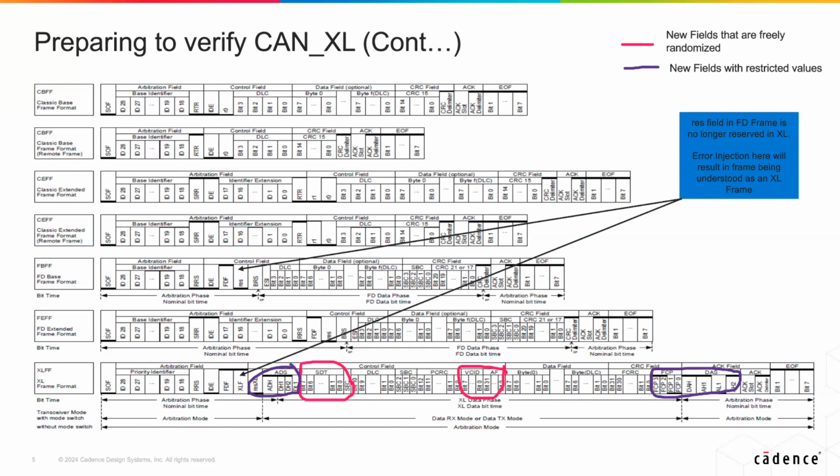So this bit is no longer reserved in a CAN Excel, and a new reserved bit called reserved Excel is introduced. CAN Excel, as demonstrated earlier in the discussions, has many new fields like VCID, address field, STT, that could be freely randomized in your network to achieve multiple usages.